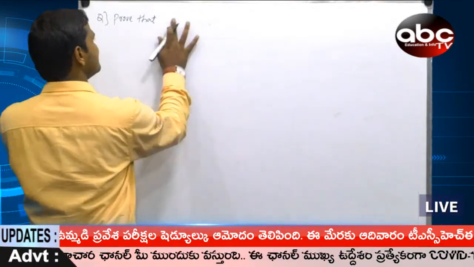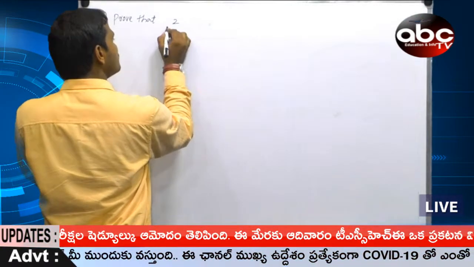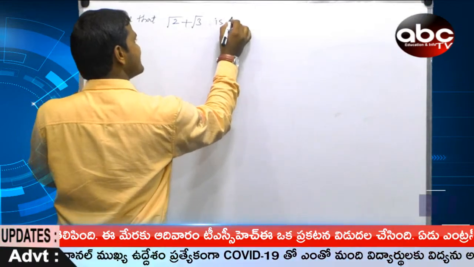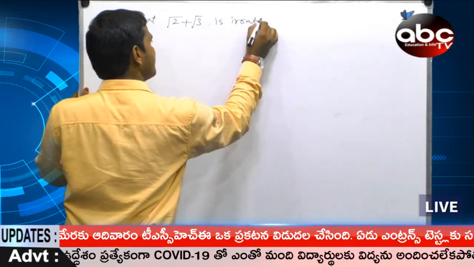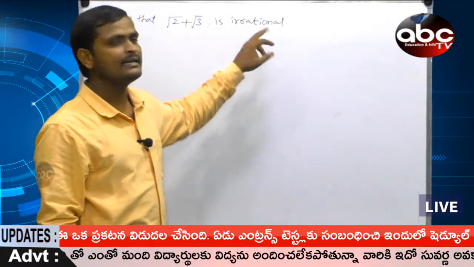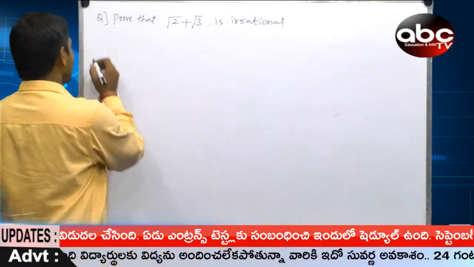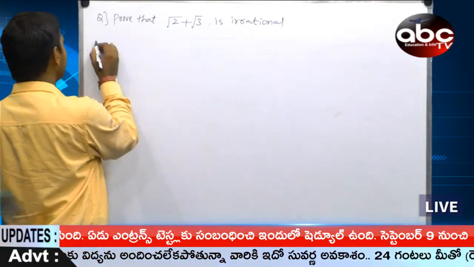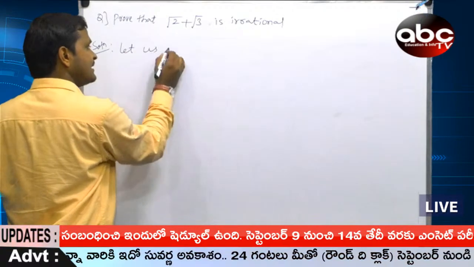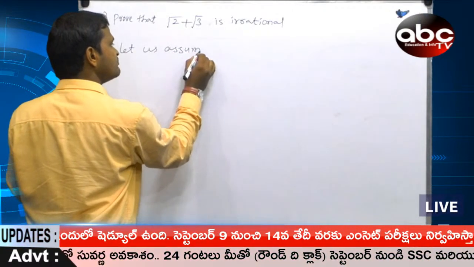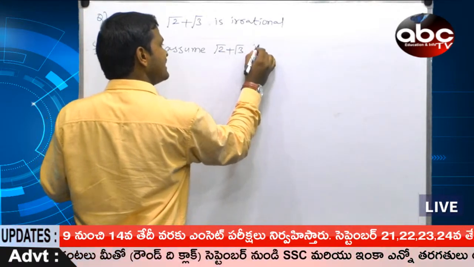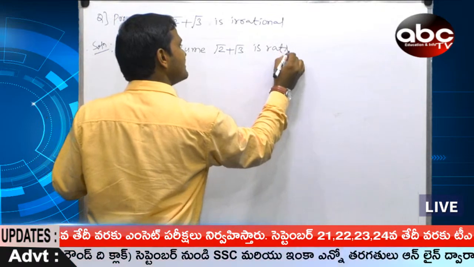Prove that root 2 plus root 3 is irrational. Next question. Prove that root 2 plus root 3 is irrational. Okay, students, what is our first step? Let us assume root 2 plus root 3 is rational.